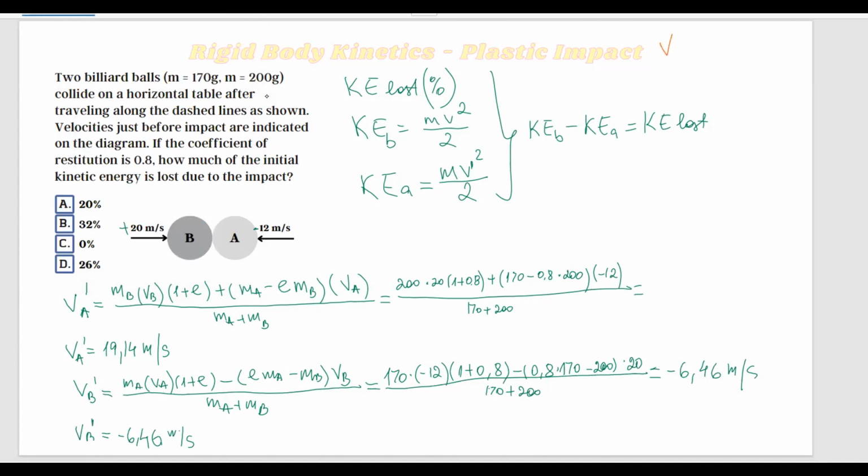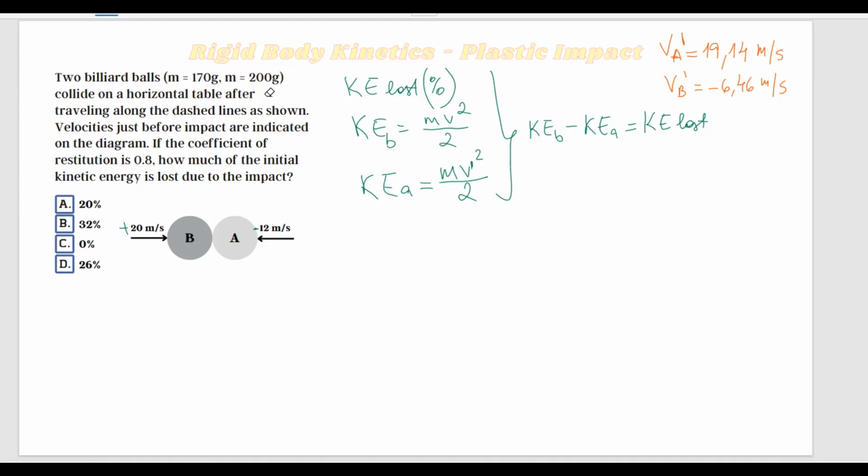So I'll have VA prime equals 19.14 meters per second, and VB prime equals minus 6.46 meters per second. And the minus shows us the fact that it points to the left. After the impact, velocity for B is towards the left. So let me delete the rest. I don't need this anymore. Great.